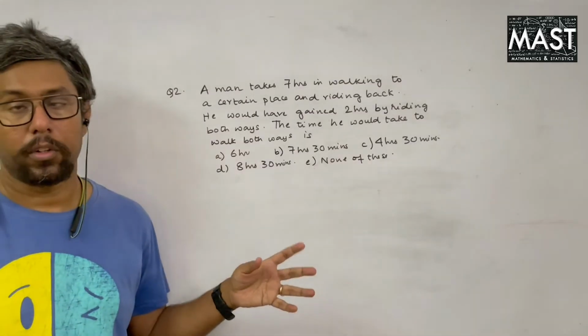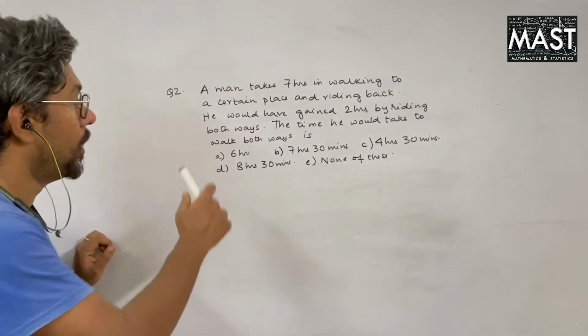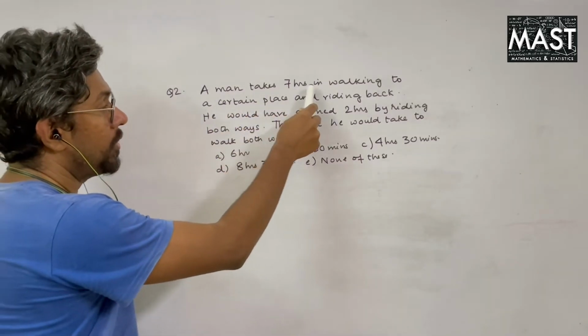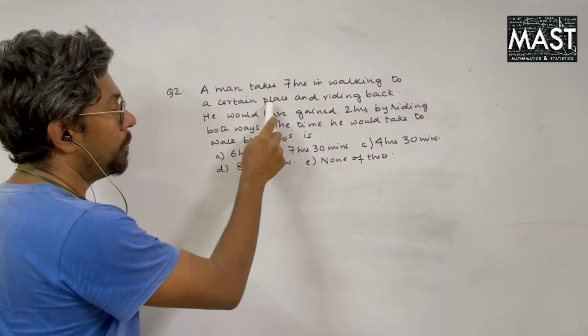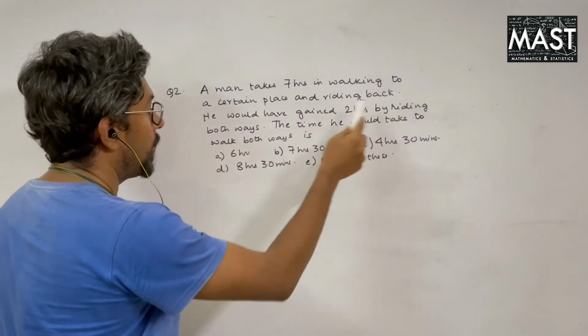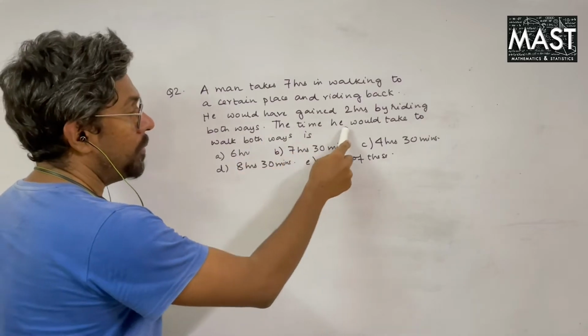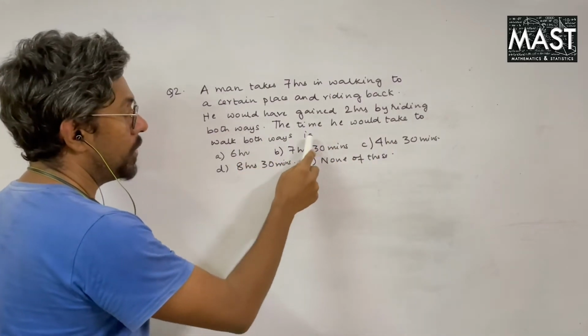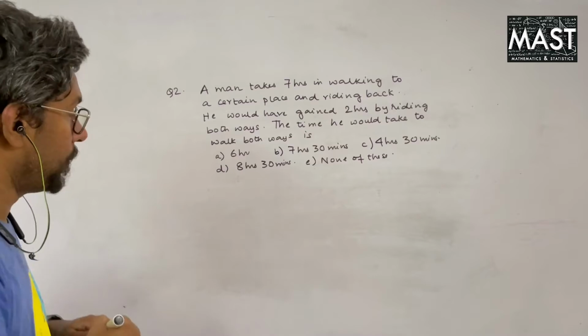The second question that we will be discussing today is: a man takes 7 hours in walking to a certain place and riding back. He would have gained 2 hours by riding both ways. The time he would take to walk both ways is, these are the options.